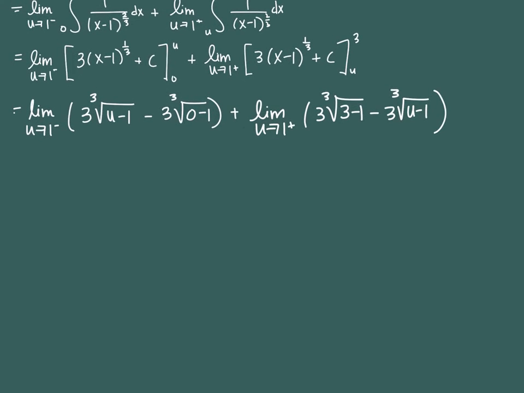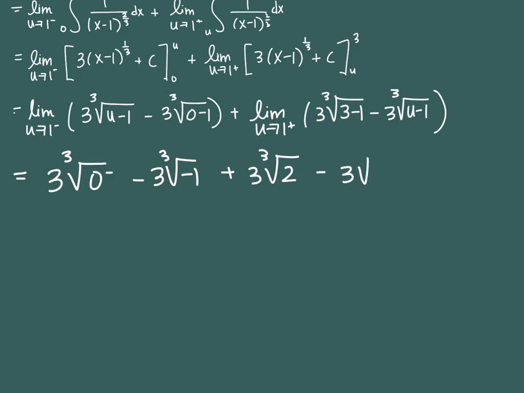All right, so all together, we now have 3 times the cube root of 1 minus 1, which is 0, minus 3 times the cube root of negative 1, plus 3 times the cube root of 2, minus 3 times the cube root of 0 plus.